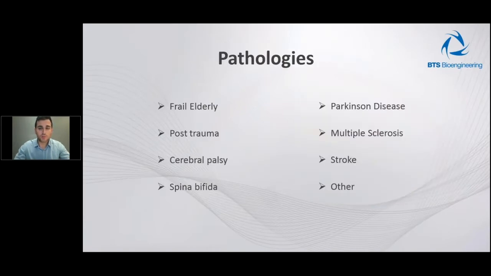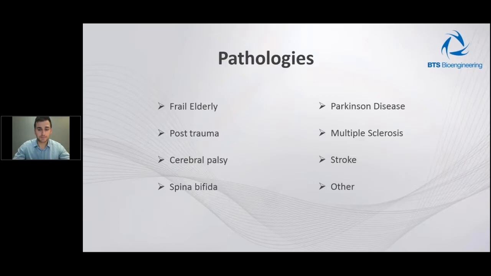Falls are a common problem for different kinds of pathologies, such as for frail elderly, for people affected by cerebral palsy, post-trauma, people suffering Parkinson's disease, multiple sclerosis, or stroke, or other pathologies. In all these pathologies, it's very important to perform a multifactorial falling risk evaluation.